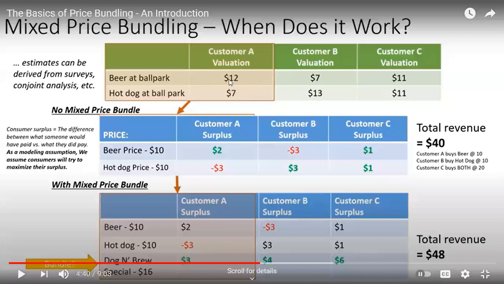In his mind, he thinks, I'm not going to pay more than $12 for beer. I'm not going to pay more than $7. I'm not going to pay more than $11. And for these three customers, the perception about hot dogs is that a hot dog is worth $7, $13, and $11.